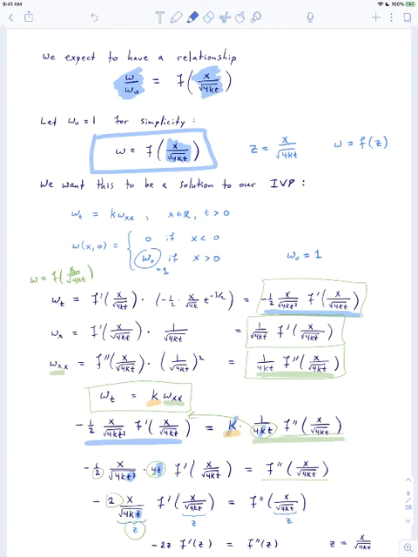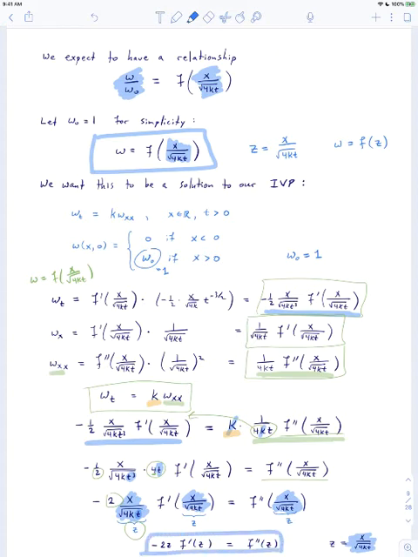So we've got a z here, and we've got a z here, and we've got a z here. So what we end up with, if we let z be equal to x divided by the square root of 4kt, is a differential equation that you can see right here.